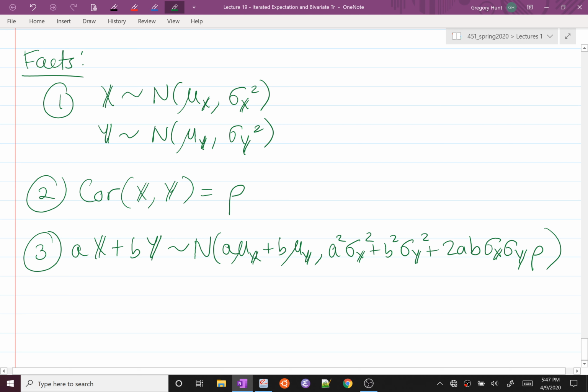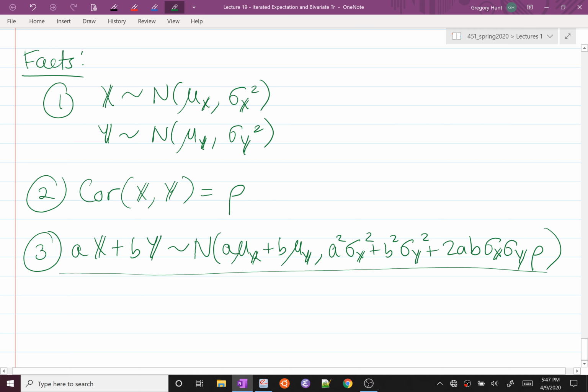So if I want to look at a linear combination of two normals, which have a bivariate distribution with a correlation rho, I get a nice formula. It's still normal. It has a bit more complicated variance, but it's still normal. This supersedes the first point if I were to choose a is 0 or b is 0 and the other one to be 1.